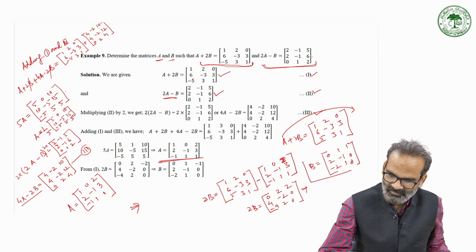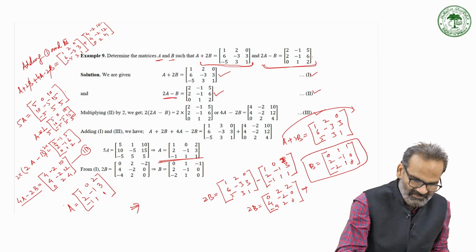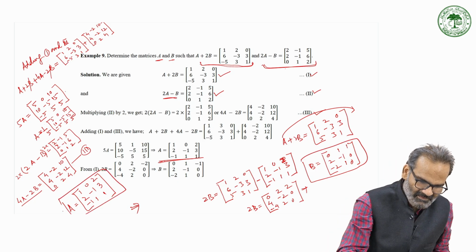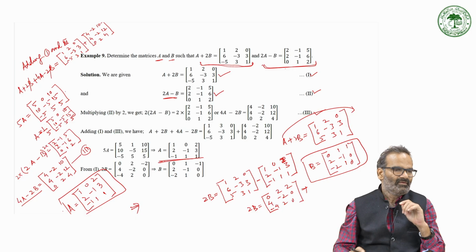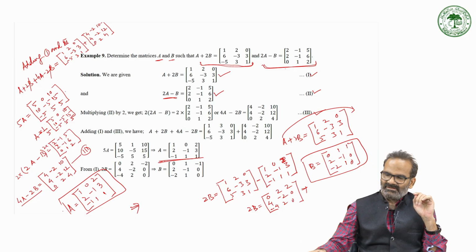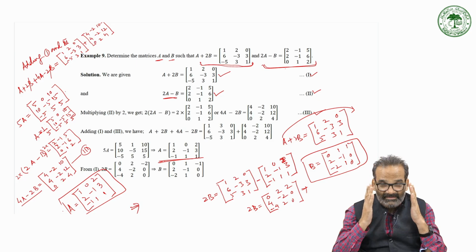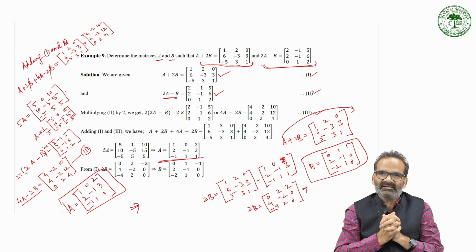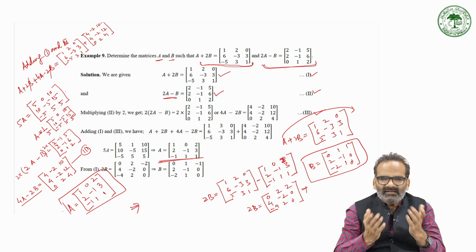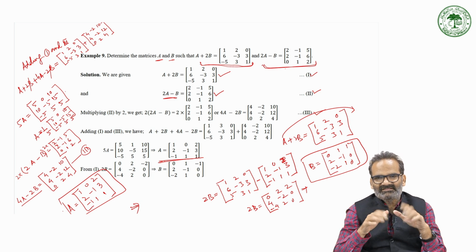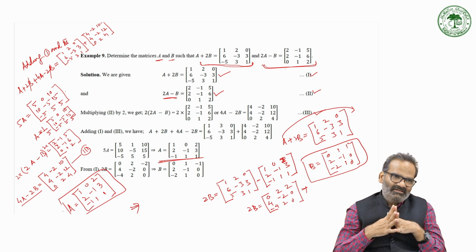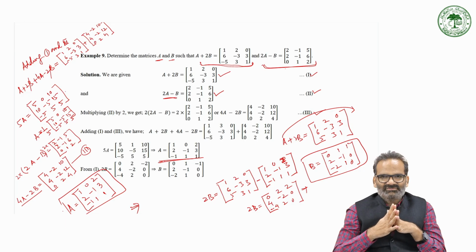So this is your matrix B and this is your matrix A. This is how we can find the matrices A and B by solving the matrix equation in a similar way as we solve general equations to find the values of the variables x and y. So students, I think I should stop it here.